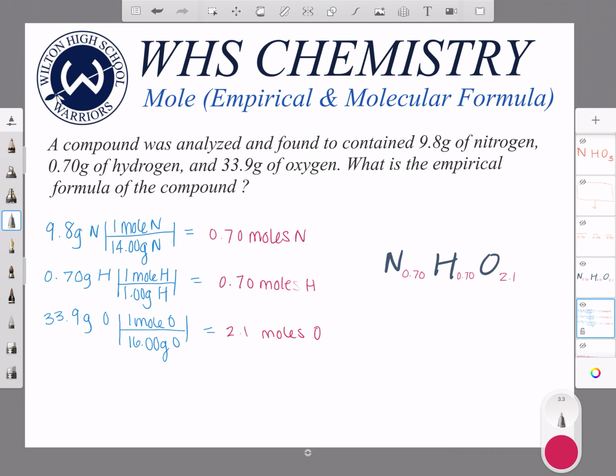So in order to get them into whole numbers, we want to divide these subscripts by the smallest mole amount that we have to create a ratio. In our problem here, the smallest number we have is 0.7. So we divide by 0.7 for each of them.